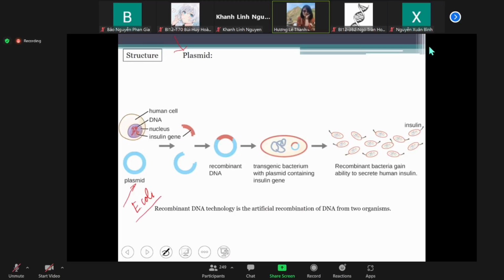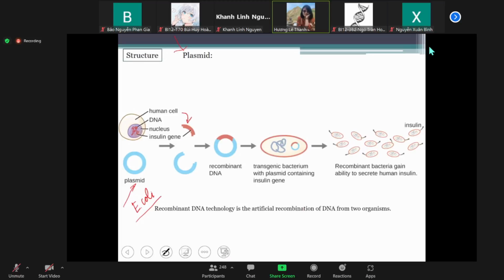We take the plasmid from E. coli. We also take the insulin gene from humans. The insulin gene means the gene encoding the information to produce insulin in humans. So we take this part from humans.